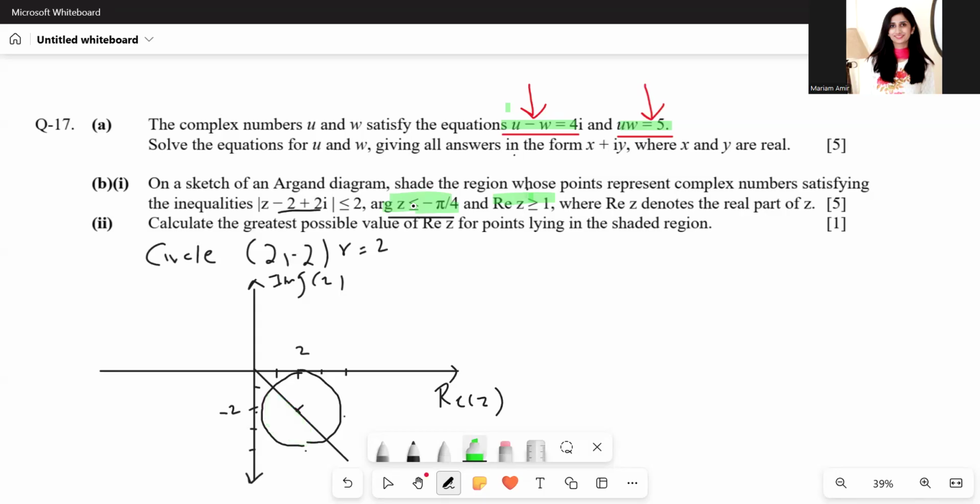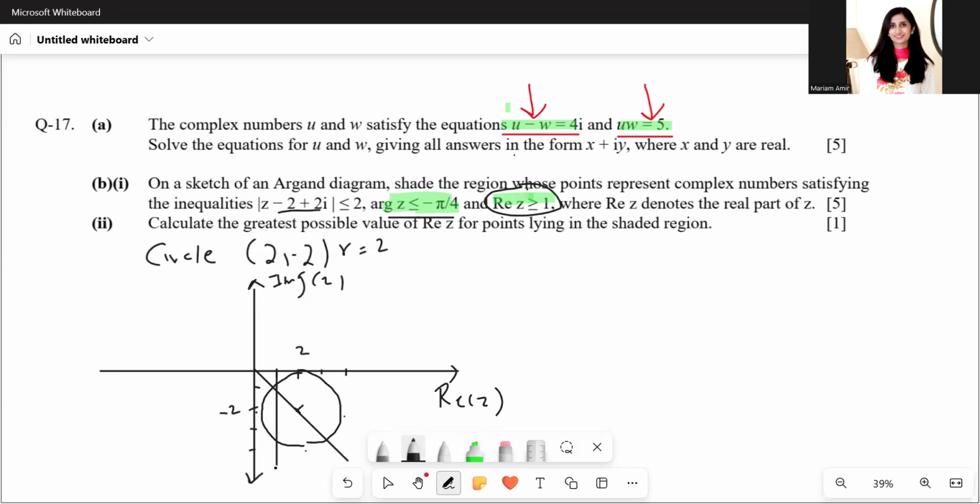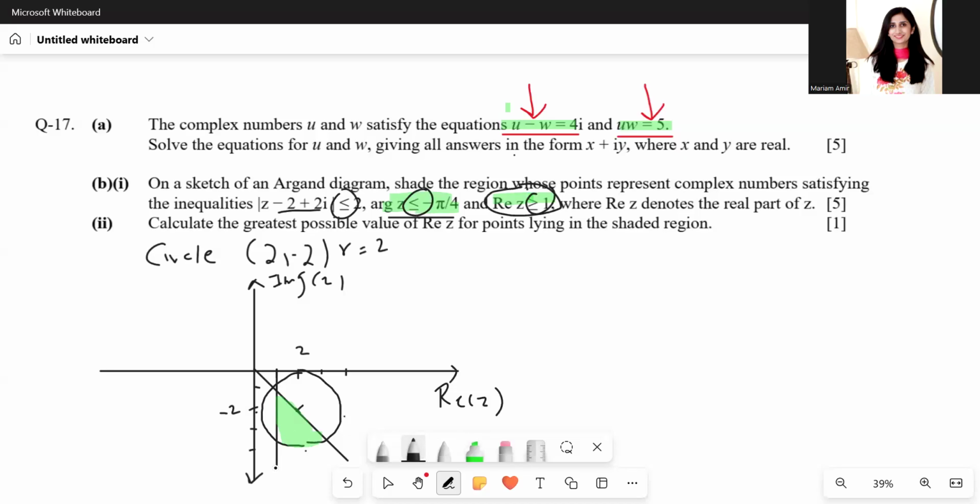And the third inequality we need to look at is the real part of z is greater than or equal to 1. That is going to be this line, and we will be shading right of this line. So this inside the circle, underneath the angle line, and towards the right of Re(z) equals 1. All these lines would be solid lines because it's less than or equal to with all three of them and not just less than.